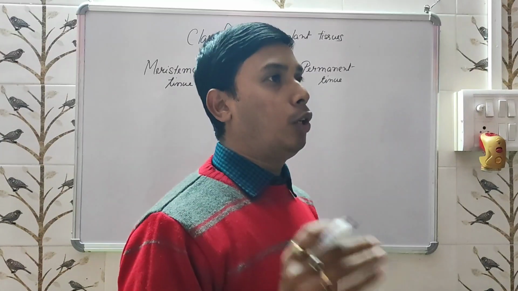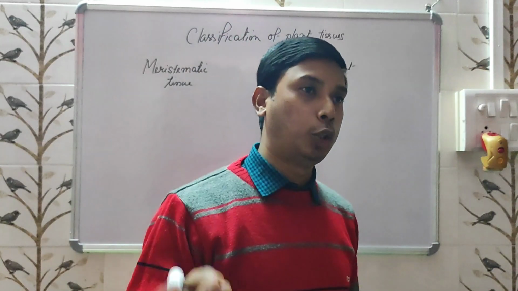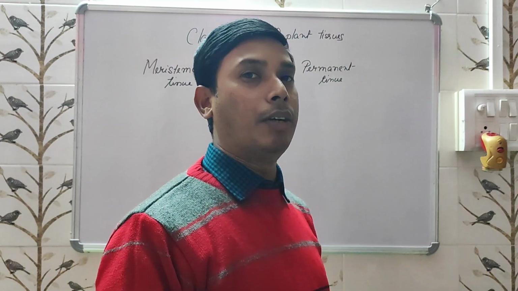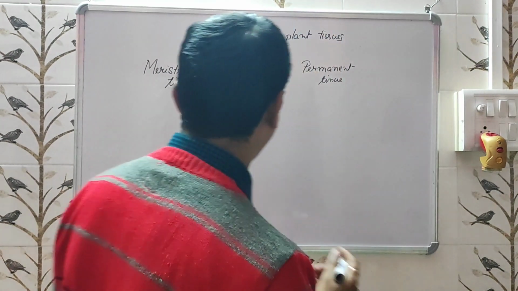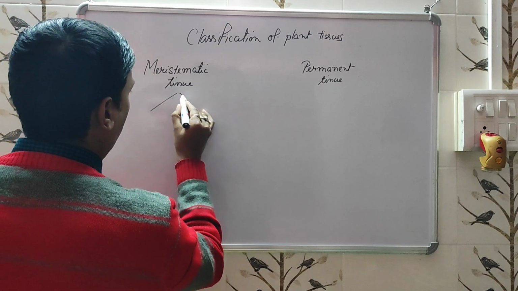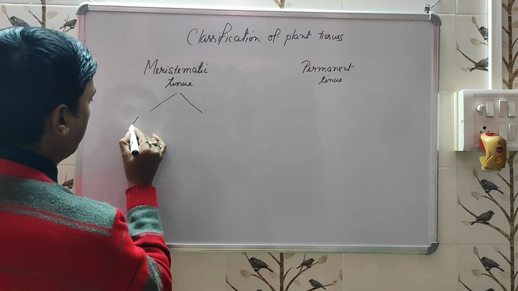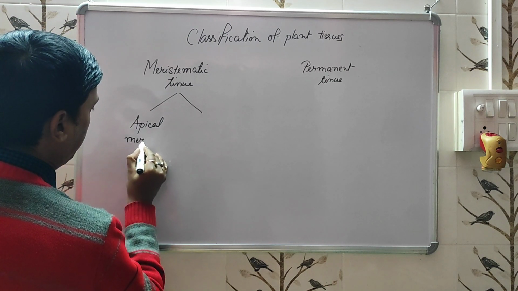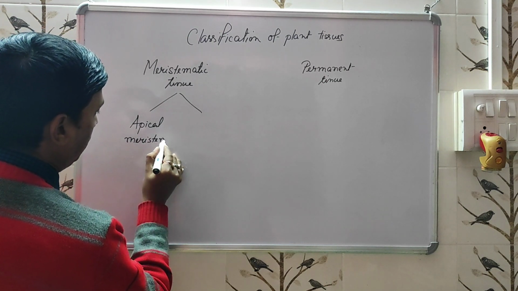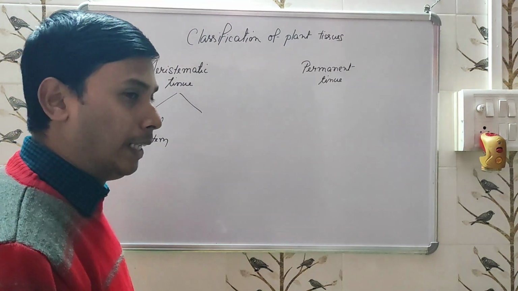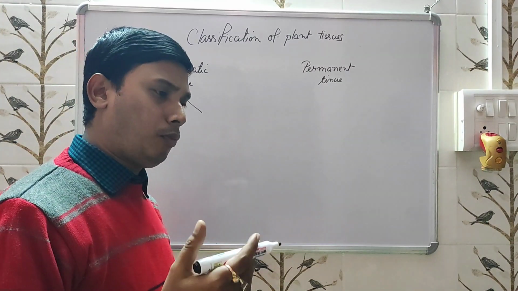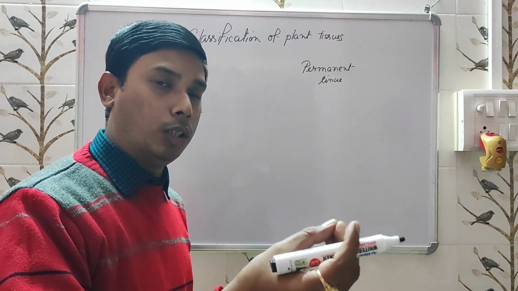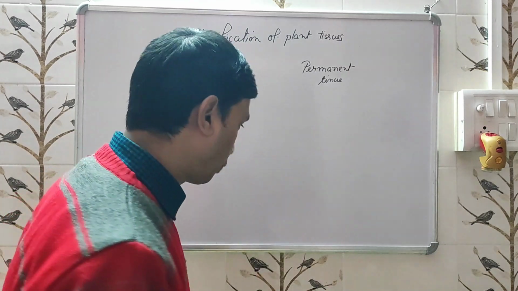So on the basis of the location of these meristematic tissues, they are mainly divided into two main categories. One is called apical meristem. This kind of meristematic tissue is mainly located in the tip part of the root or the tip part of the shoot.